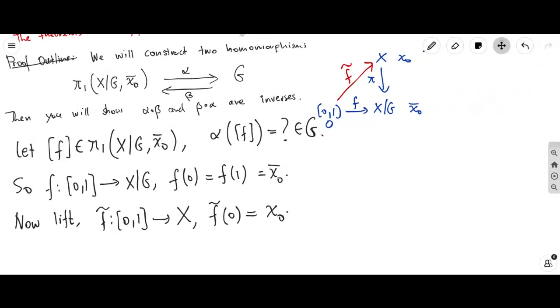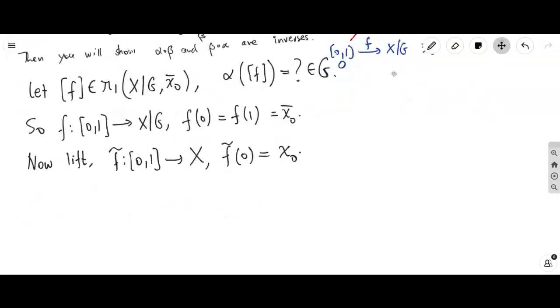The proof of this theorem is motivated by the monodromy theorem, that everything is determined by the terminal point. So if you look at the endpoint, f tilde of 1, the lifted path at 1, it's not necessarily equal to x0 again, but it's something in the fiber.